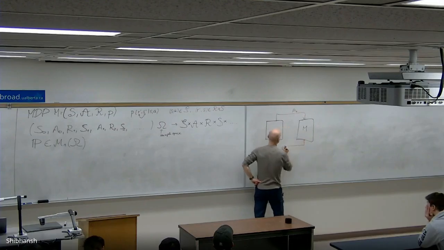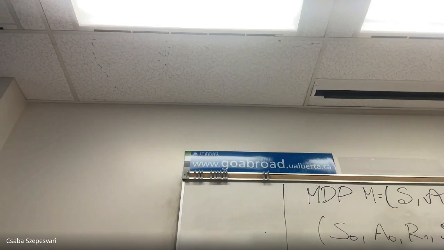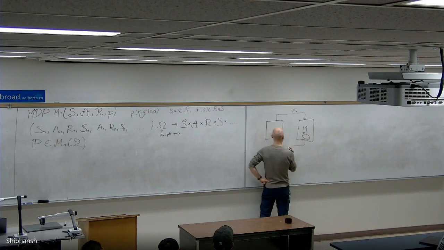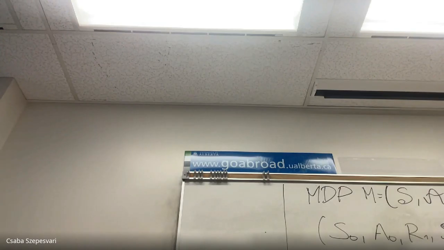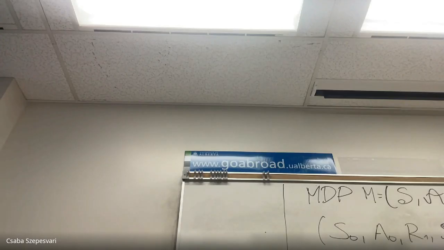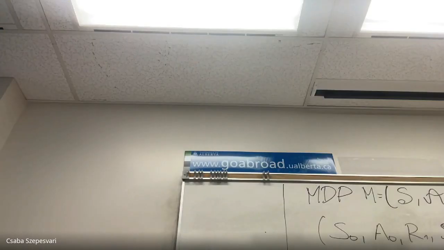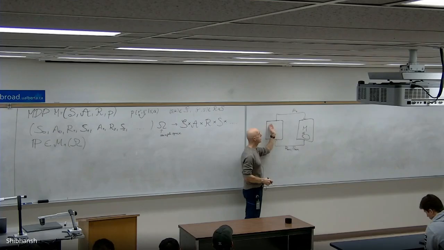And as a result, it gets back the state. So the state is updated here. But it gets back, as a result, the reward and the next state. And as a function of what it gets back, it can produce a new action.